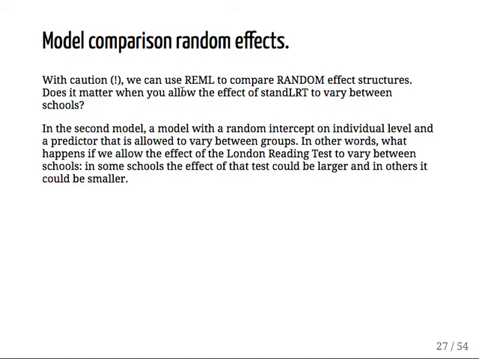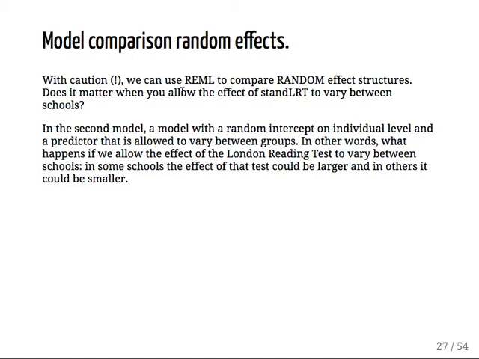So in the second model, we allow the effect of the London reading test to vary between schools. So in some schools, the effect of the test is larger, in the sense that the school, for example, is unable to get its teachers to get the grades up, and in others, it's smaller because it's a very broad, friendly school, and so it doesn't matter as much which grades you come in with.